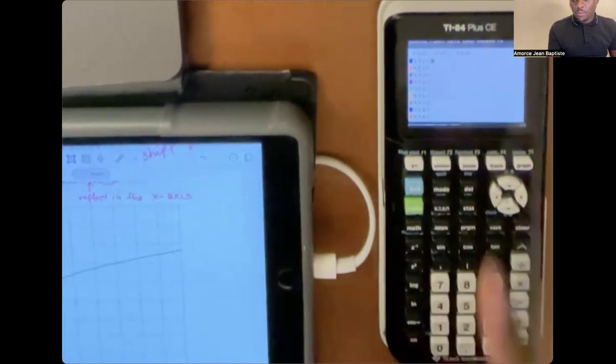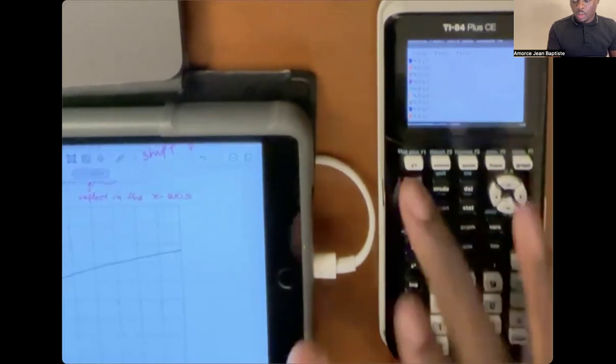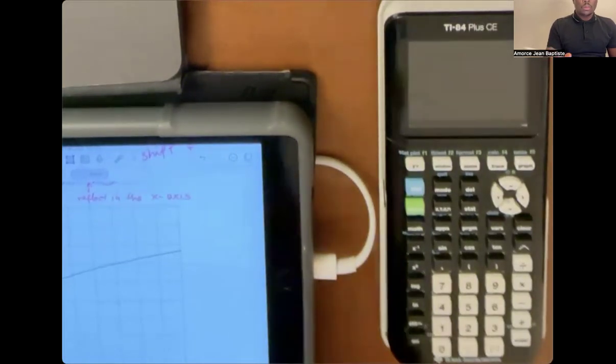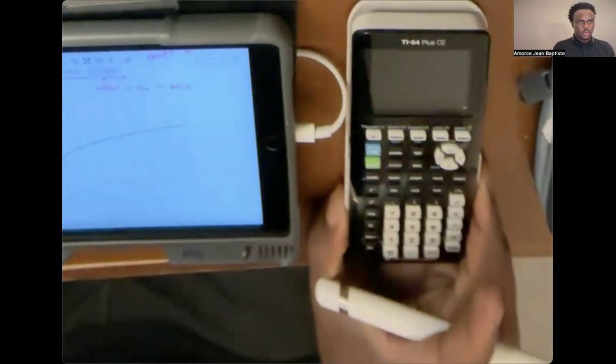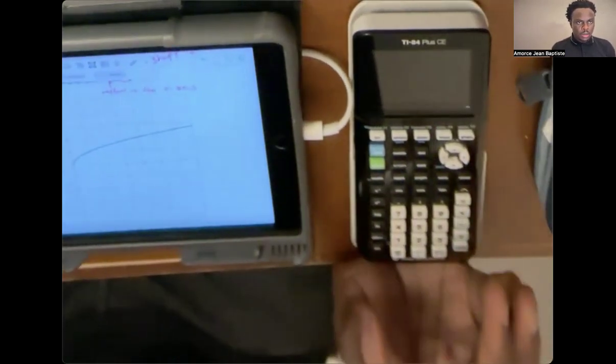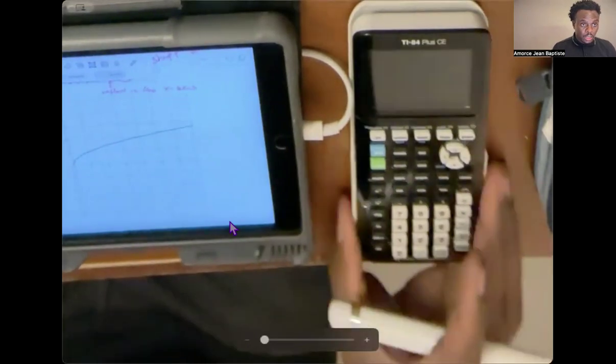I'm going to turn it off and start the process all the way from the end. Oh, it's perfect here. Okay, so that's better. Hopefully you can see the calculator.